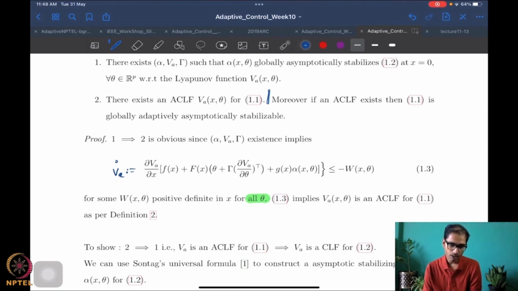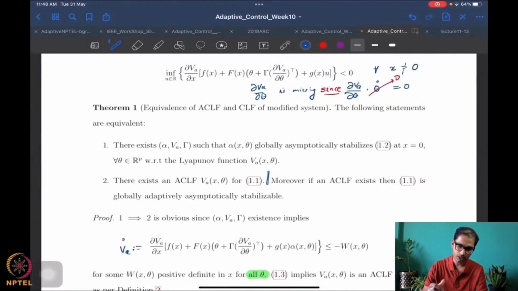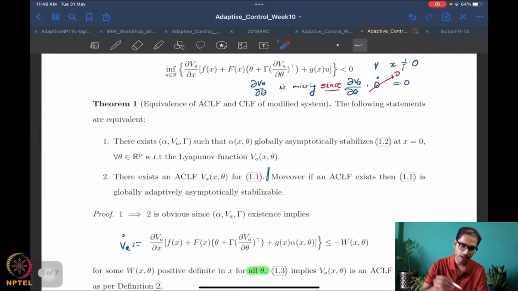Okay. So what does 1.3 imply? 1.3 immediately implies that VA is an ACLF. Why, you might ask. What do you need for an ACLF? You need that you take the infimum over all possible values of control and you want it negative, for non-zero X of course.